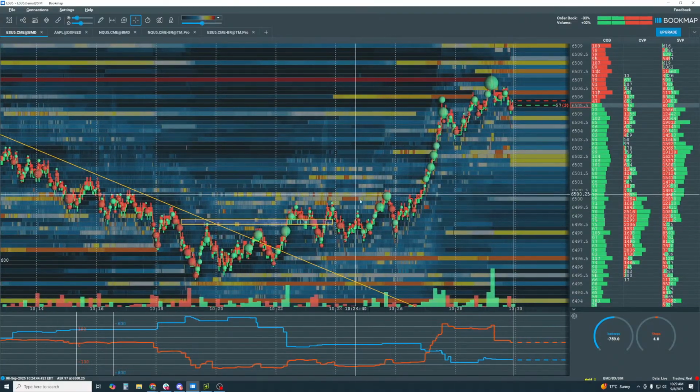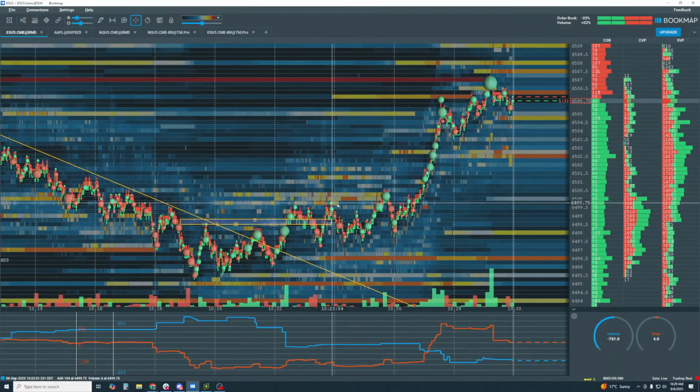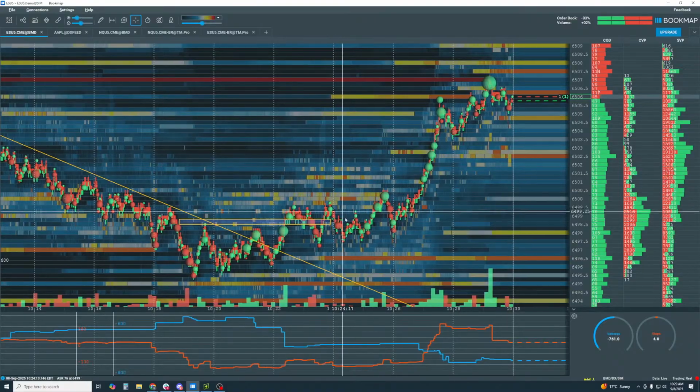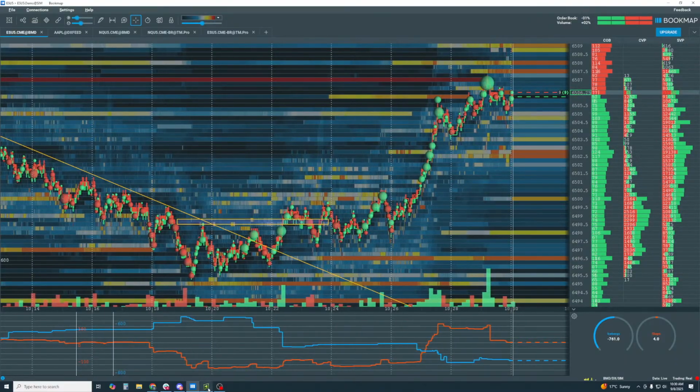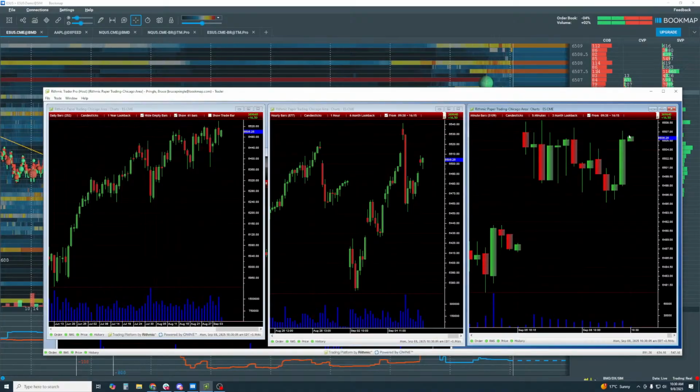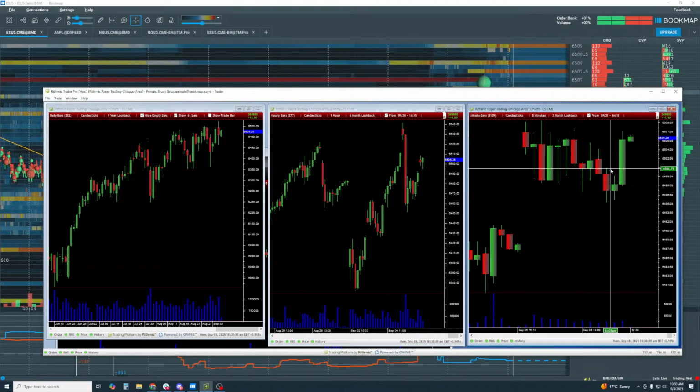We kind of missed this. We kind of turned our backs, or at least I was talking about something else. On the candlestick chart, let's go back to that candlestick chart for a minute here. Okay, so we were just talking about a move up to here to begin with.